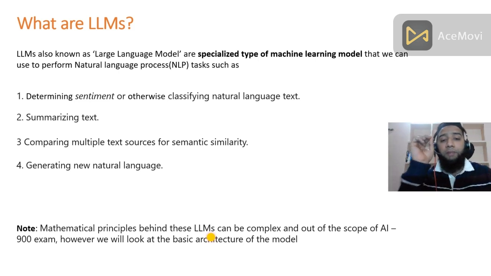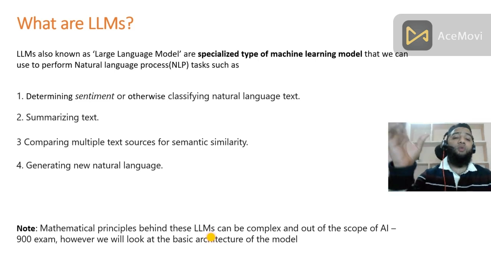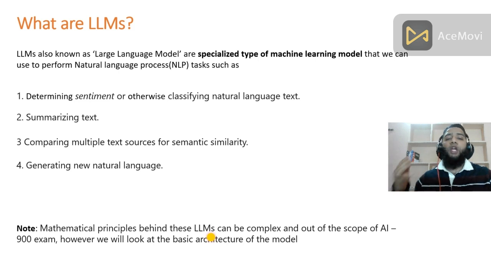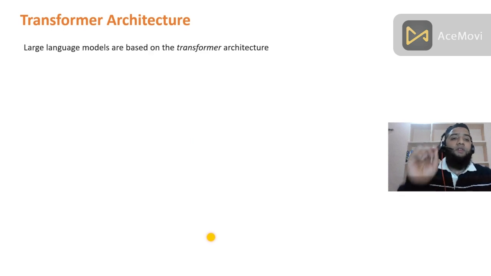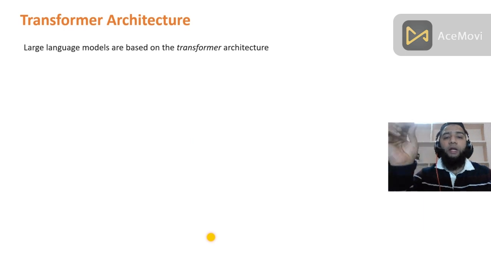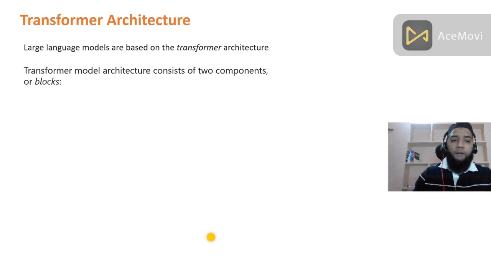However, we look at the basic architecture of the model that's used across different LLMs, be it Bard or ChatGPT. So let's see the other slide: transformer architecture, or transformer model. Large language models are based on transformer architecture, and that architecture has two components or blocks.